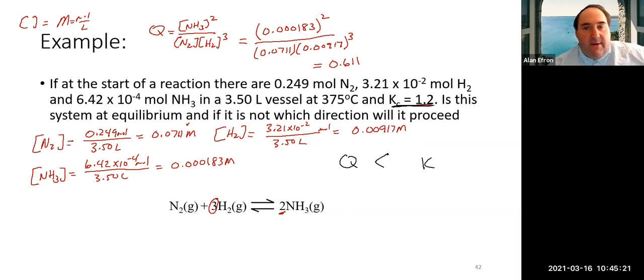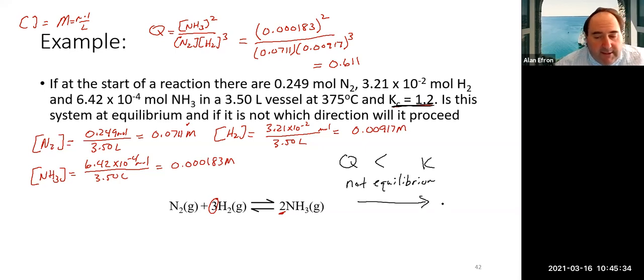Well, it tells us that we are definitely not at equilibrium. And second, what that tells us, opposite the way it's pointing, is we need to go to products to reach equilibrium. So we need to make more products to reach equilibrium. Any questions on any part of that?